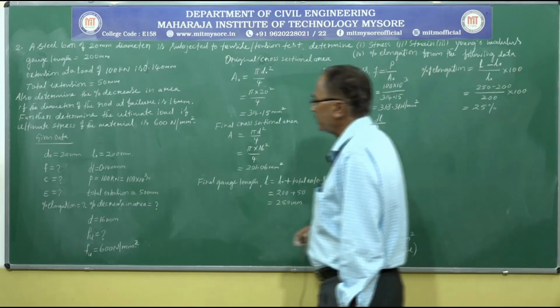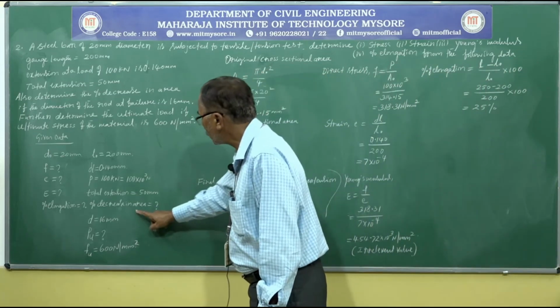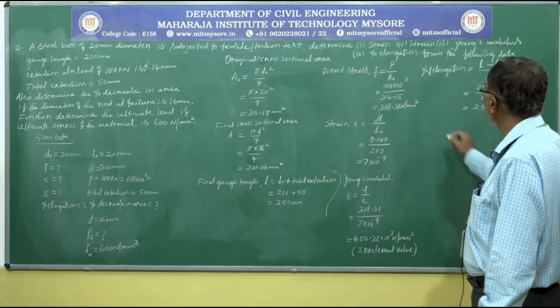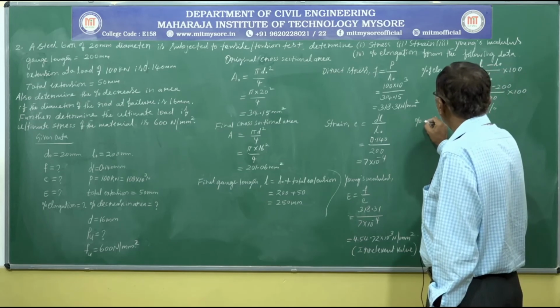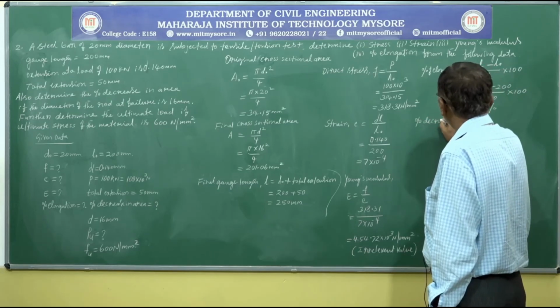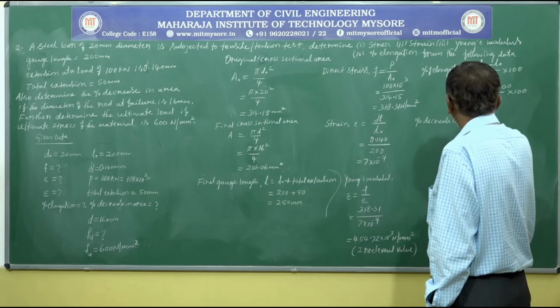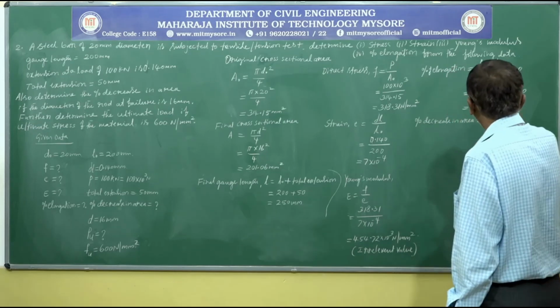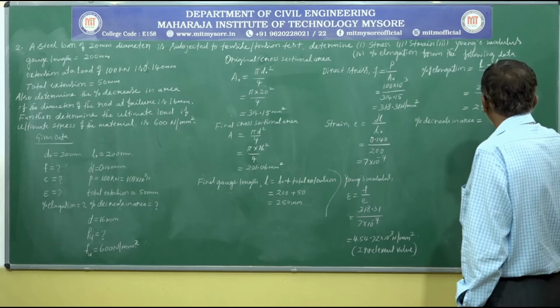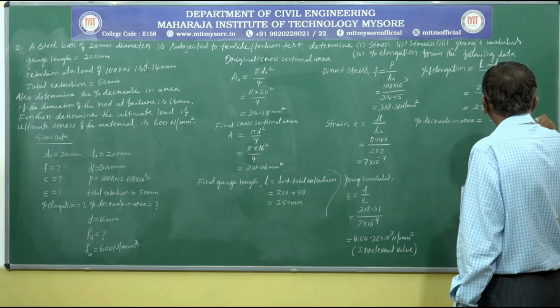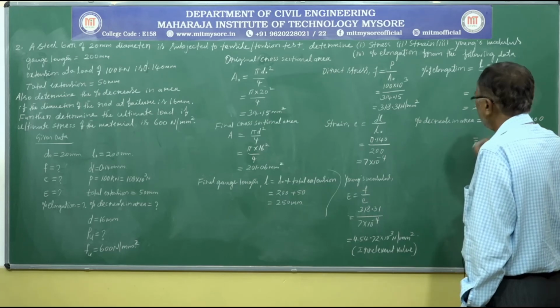Next, it is also asked to calculate the percentage decrease in area. Percentage decrease in area is equal to A naught minus A, that divided by A naught multiplied by 100.